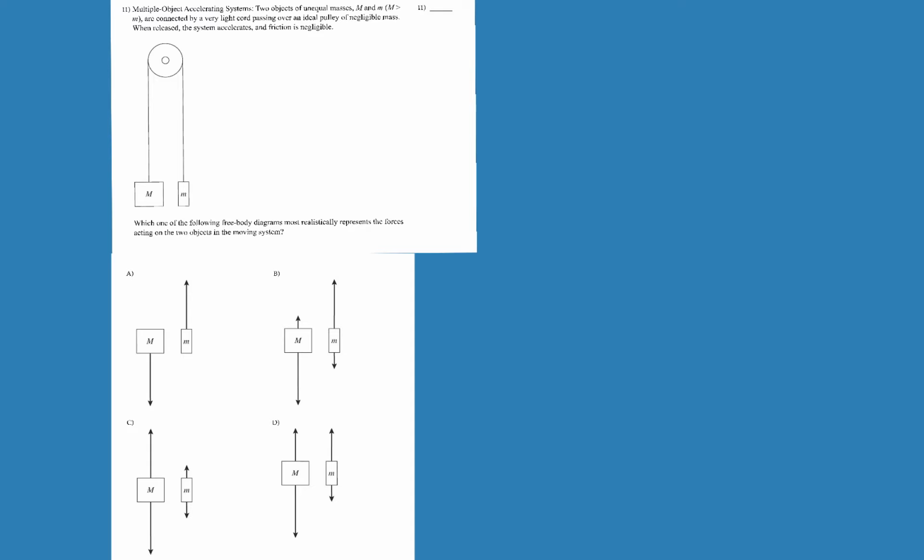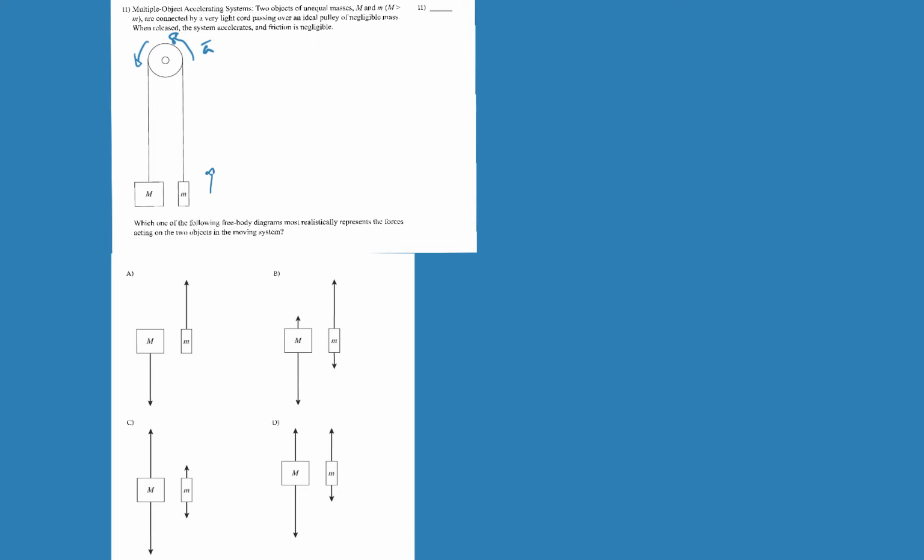Okay, read this problem. It says this is a pulley. It has two masses. Little m is a small mass. Big M is a bigger mass, so we expect acceleration in this direction. The change in velocity will go in the direction of the acceleration. It doesn't mean that both objects are moving the same way.